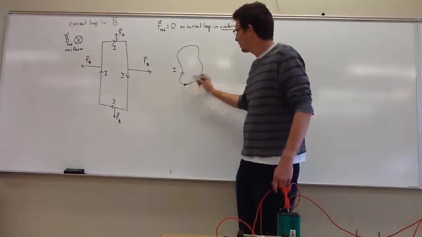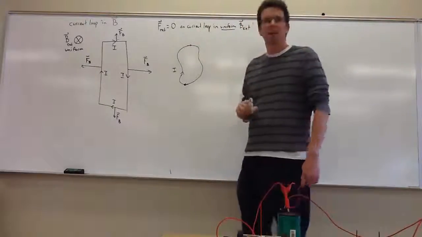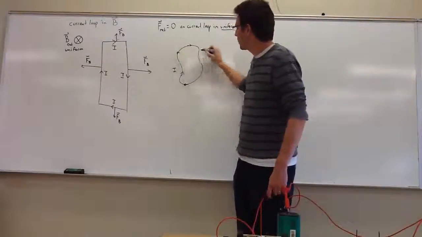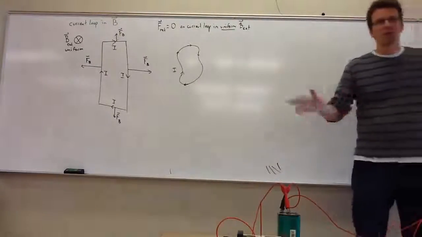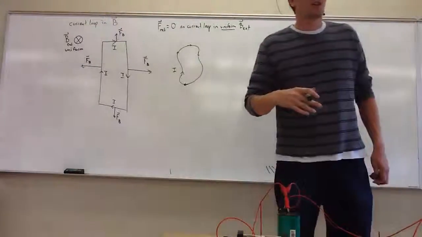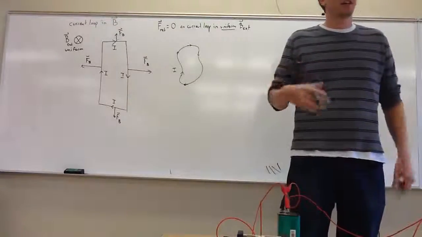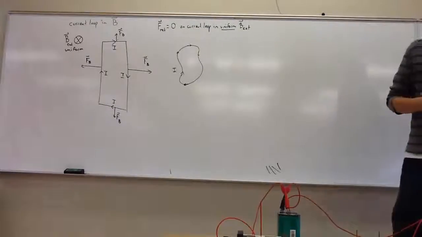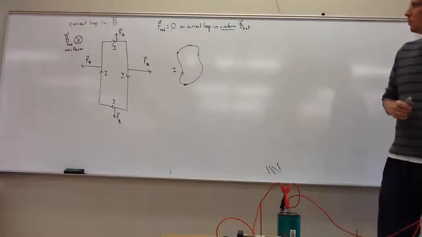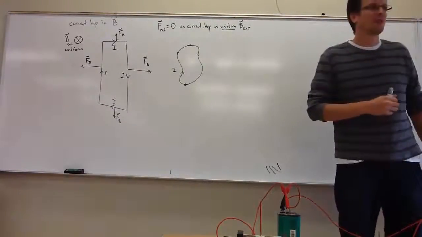You can take this segment and pair it up with this segment, and this segment with this segment, and so on and so forth. So a current loop of any shape can be thought of as a series of rectangles. So we find that the net force is 0 on a current loop in a uniform field.